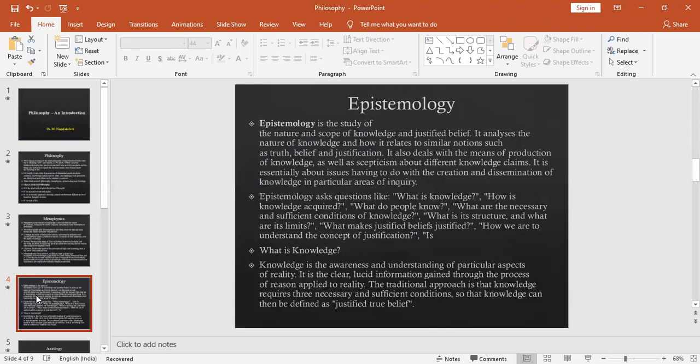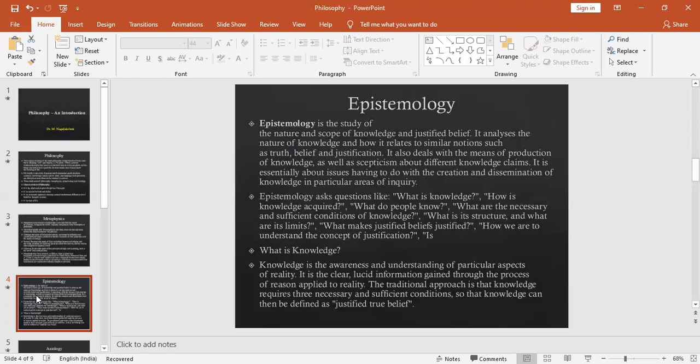So it is not very easy to understand reality. To understand reality, we need to apply our reason, right? When we have some kind of rational thinking, only then can we understand the reality. That is what knowledge is. So when we have that reason, we have knowledge, right?